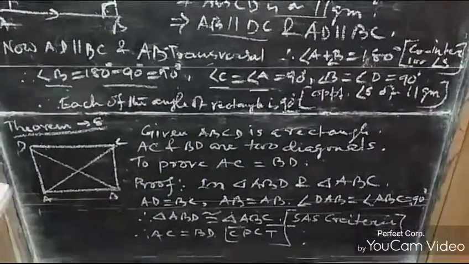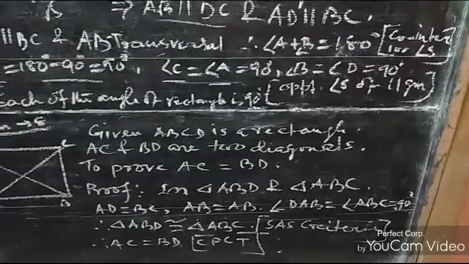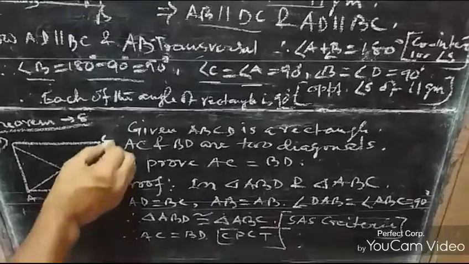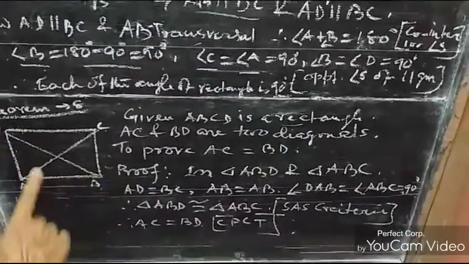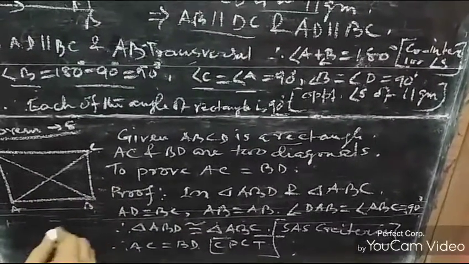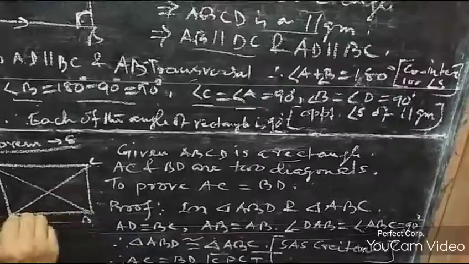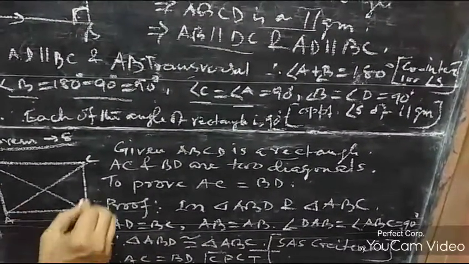Theorem number 8 says: prove that the diagonals of a rectangle are equal. Here ABCD is a rectangle, and AC and BD are the two diagonals. We need to prove that AC equals BD. Consider triangle ABD and triangle ABC.